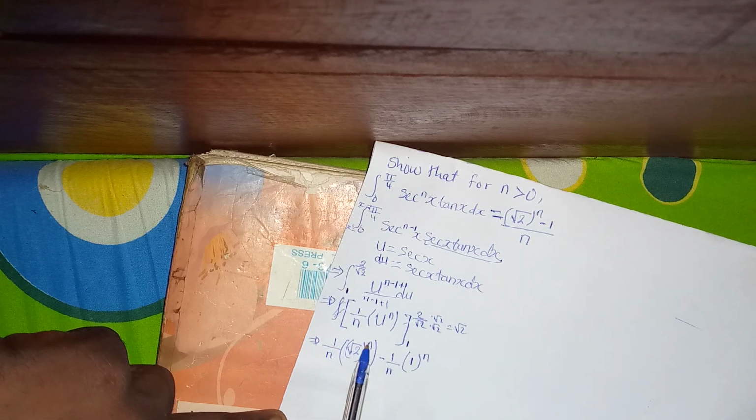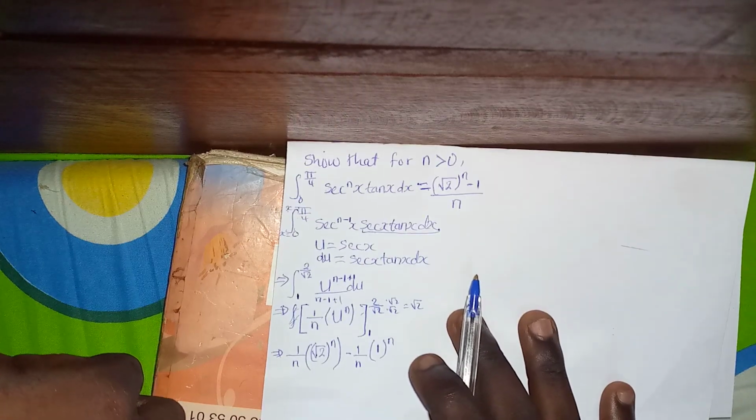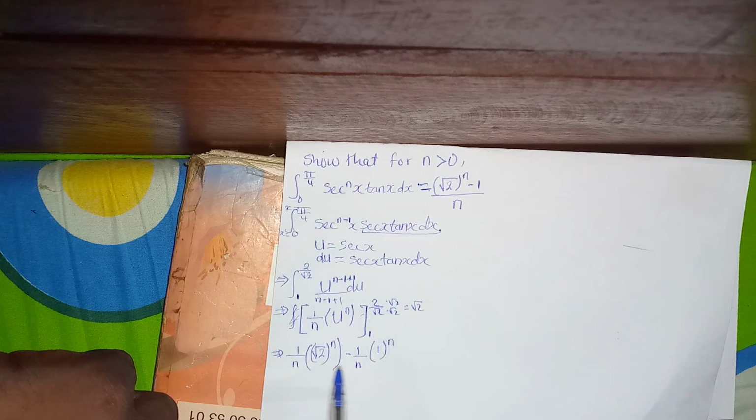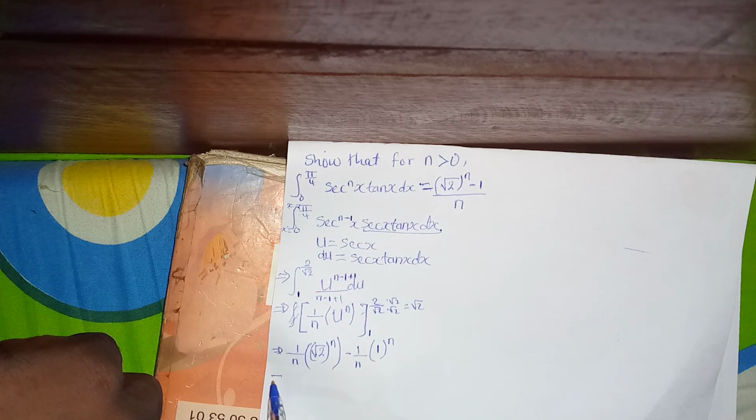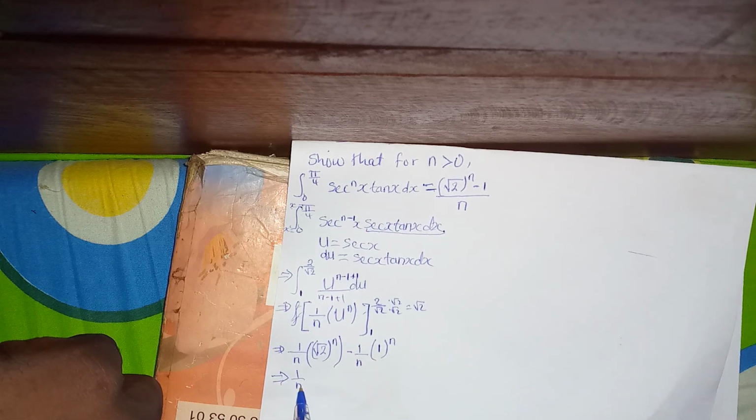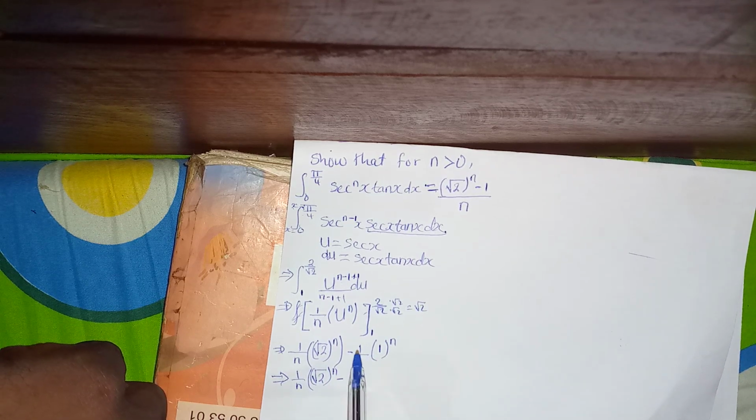Since 1 over n is common, we can factor it out to get 1 over n times (root 2 to the power n, minus 1 to the power n), because 1 to the power anything is just 1, so we just have root 2 to the power n minus 1.